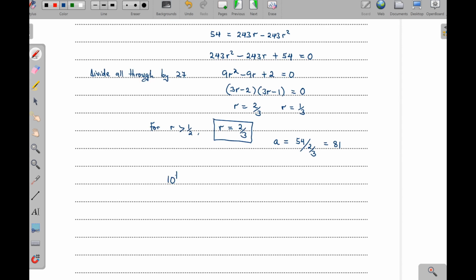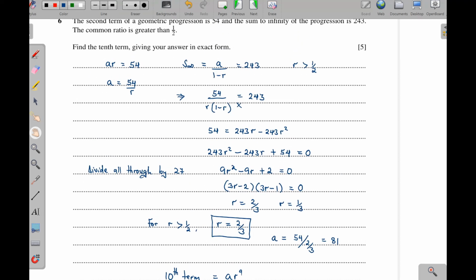So the 10th term of a GP, I was going to say of an AP. So this one is a, then r to the power of 9. We shall have our a as 81, and then our r is 2 over 3, then to the power of 9. So we're going to put each and everything. Do they want the exact value?